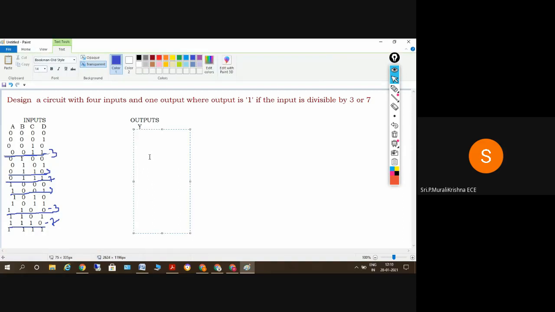So the first one is 0, and the second one is 0, and the third is 0.